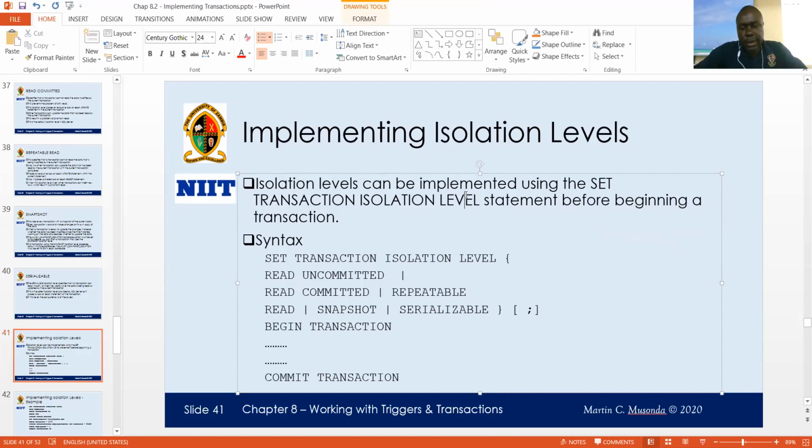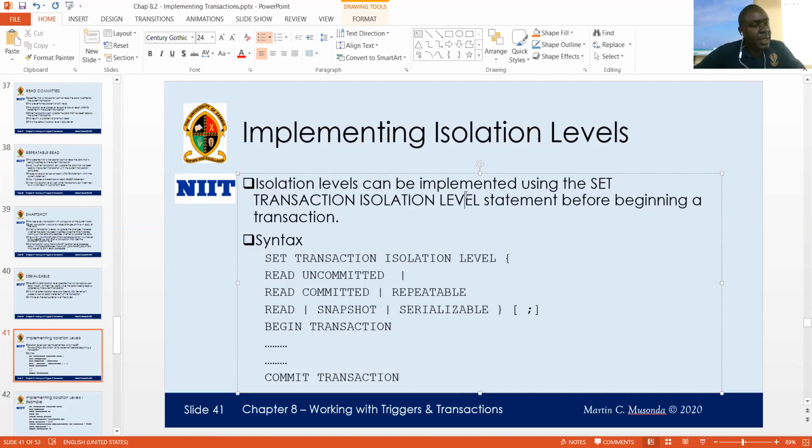Now, how do you implement isolation levels? Remember, we're saying that locks are automatically implemented, but you can implement them at certain levels where you feel you need to change from the default or to be the one deciding. Because SQL Server, in its default setting, will be deciding what's the best way to lock the data. Okay.